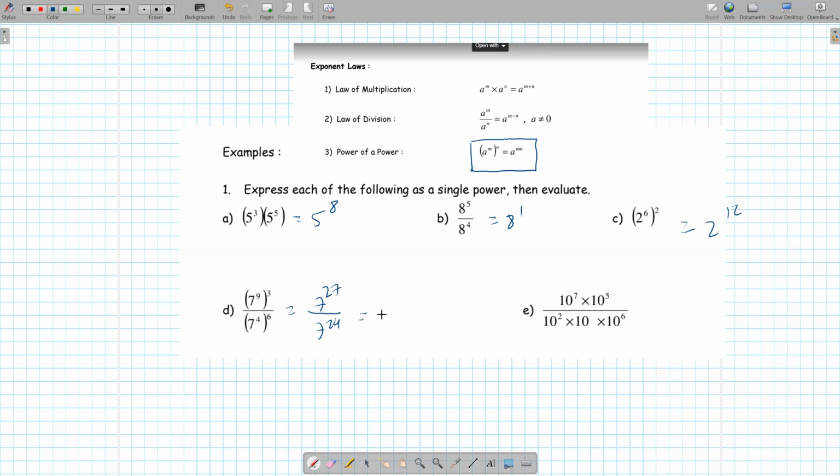And now this one's bigger, you just subtract them, you get 7 to the 3, okay? What about E? I'll give you the top, give me the bottom. 10 to the power of 9. Yeah, good. And then you see it's a division, then you would subtract, okay? 10 to the power 3 and you're done.